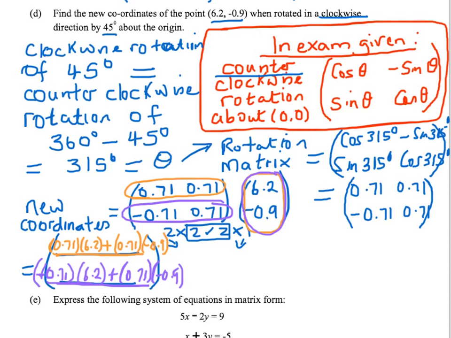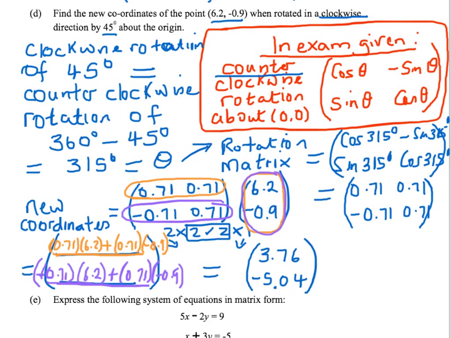Sorry, running out of space there. Now if you take out a calculator and do that calculation, and I round the two values to 2 decimal places, the answer turns out to be 3.76 for the first value and minus 5.04 for the second value.